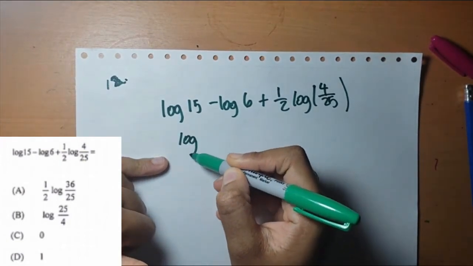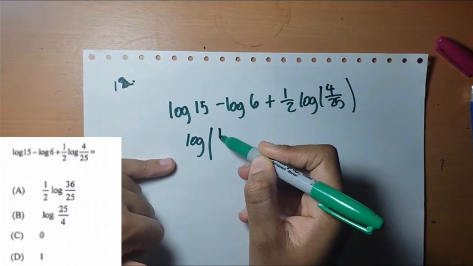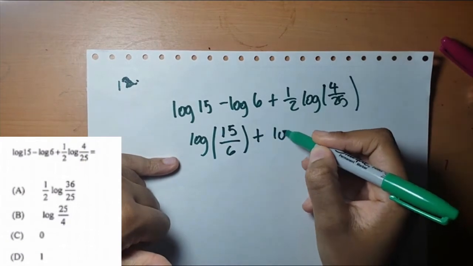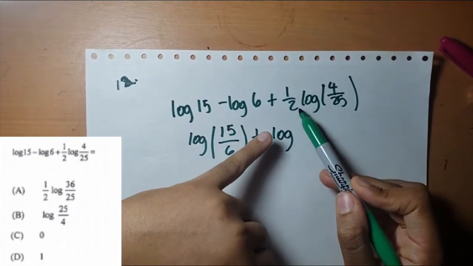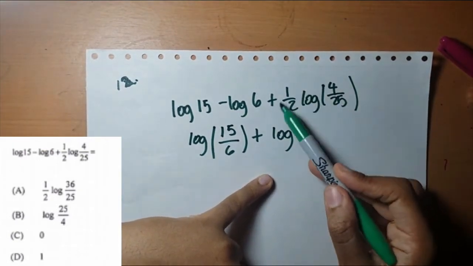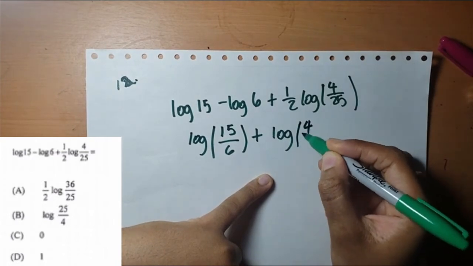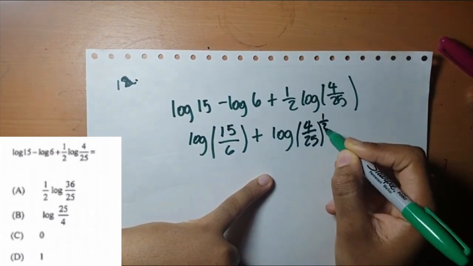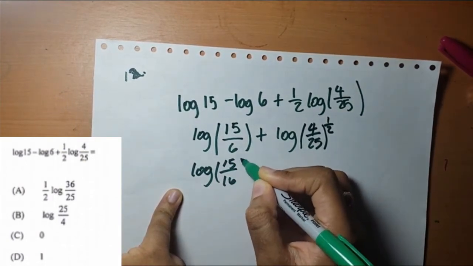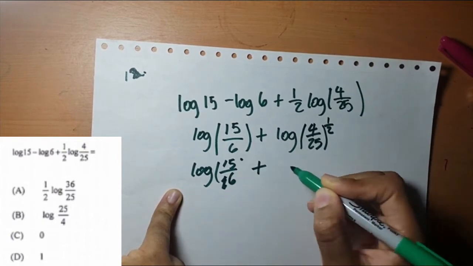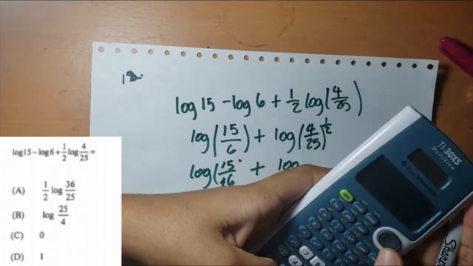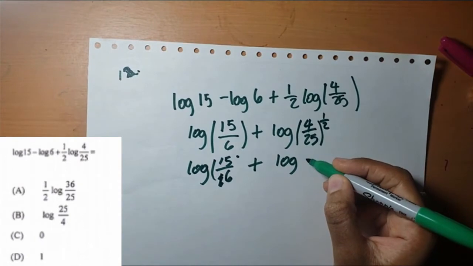When you're subtracting logs of the same base, you can just combine them into division, as 15 over 6. Plus, we remember that when we have the coefficient right here, we can raise it as the power, so that would be log of 4 over 25 to the half, which is 2 over 5.